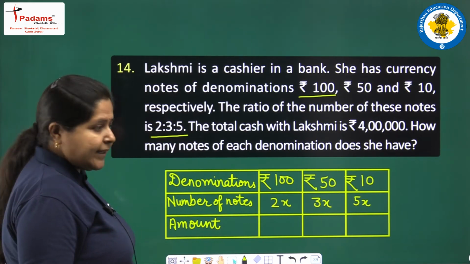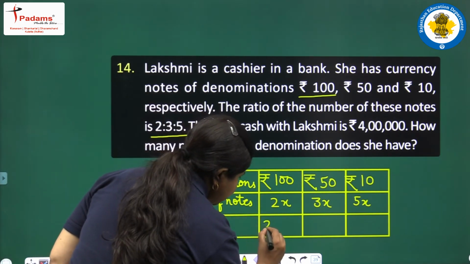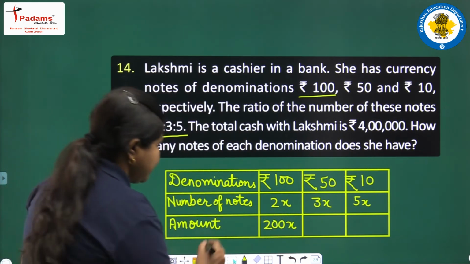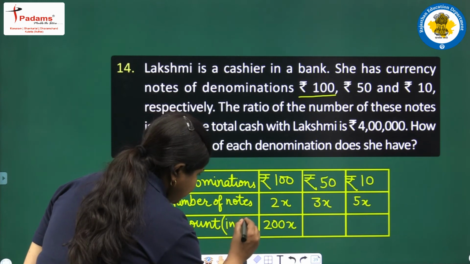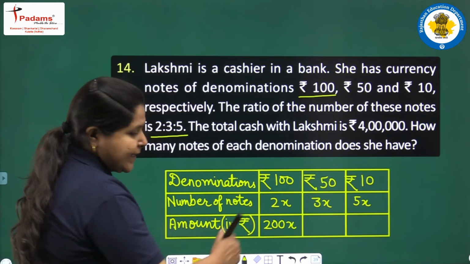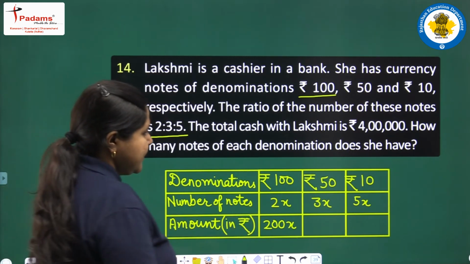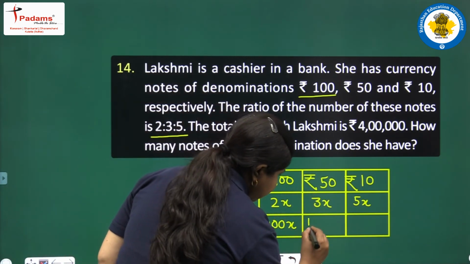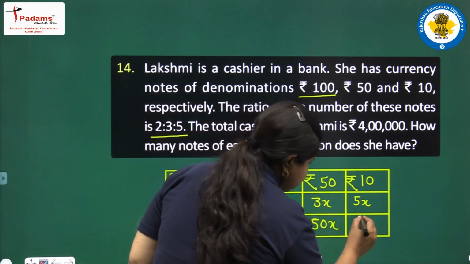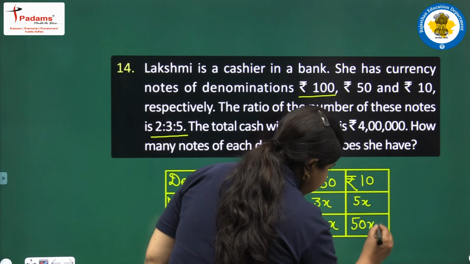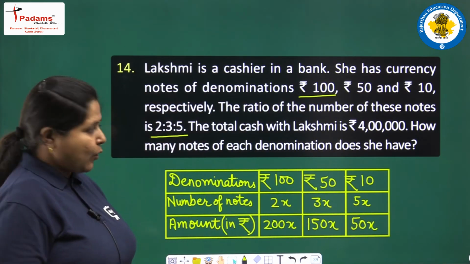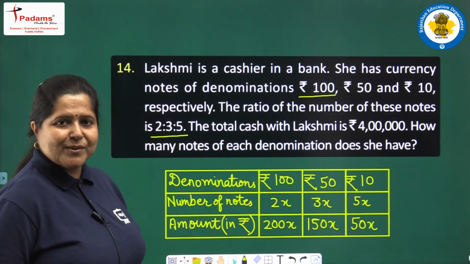So the total value will be 200x in rupees. All the amount values are in rupees. It will be 200x. Simply multiply. Then 50 into 3, it will give us 150x, and multiply this, this will give us 50x. So these are the total values of these currency notes.